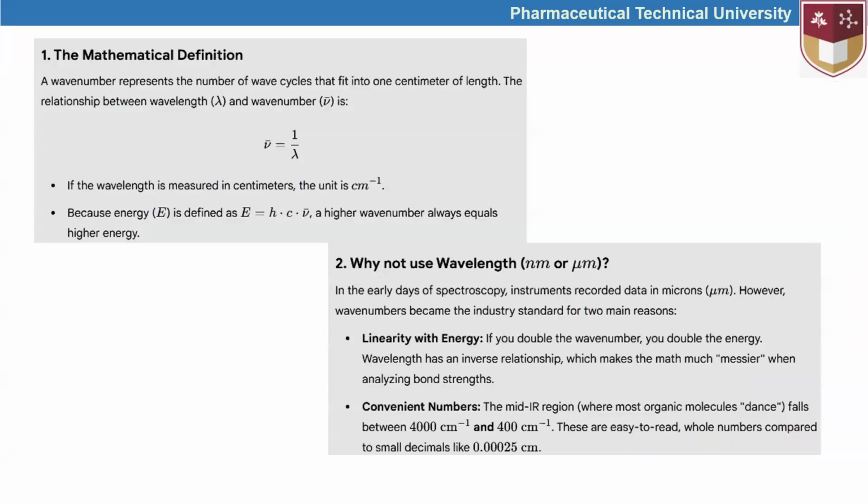The mathematical definition can be described with this: mu equals 1 divided by the wavelength, and the energy can be expressed as energy equals the Planck constant multiplied by the speed of light multiplied by the frequency, which equals 1 over the wavelength.